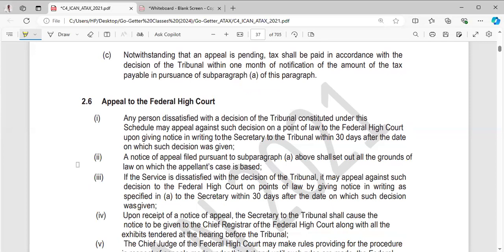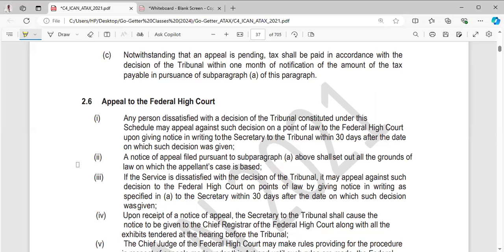The first one was notice of objection to the Federal Inland Revenue. The second thing was notice of appeal to the TAT. If they are dissatisfied with the outcome, notice of appeal to the Federal High Court shall be given in writing to the Secretary of the TAT within 30 days.